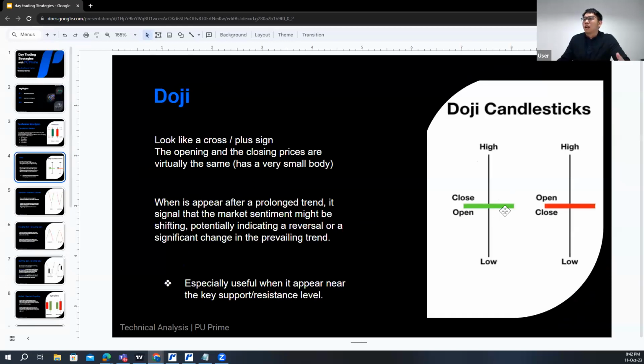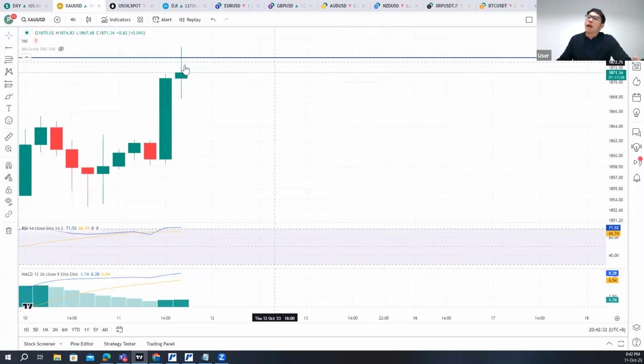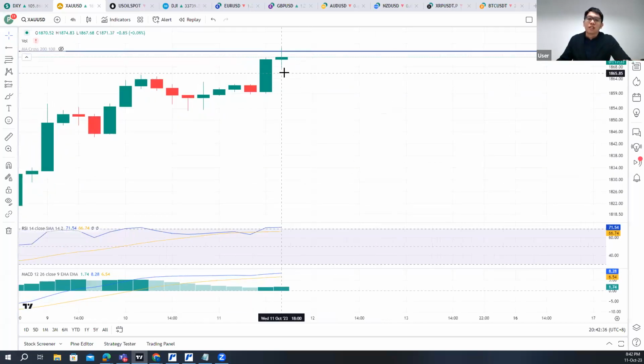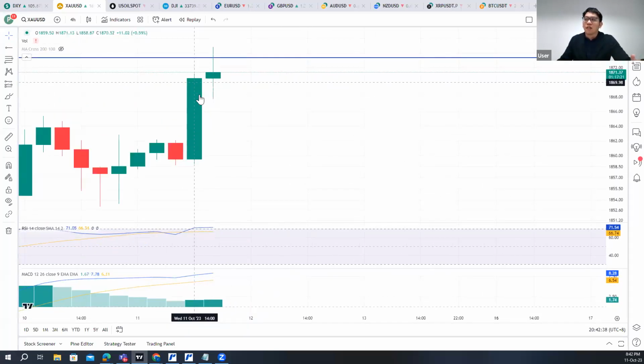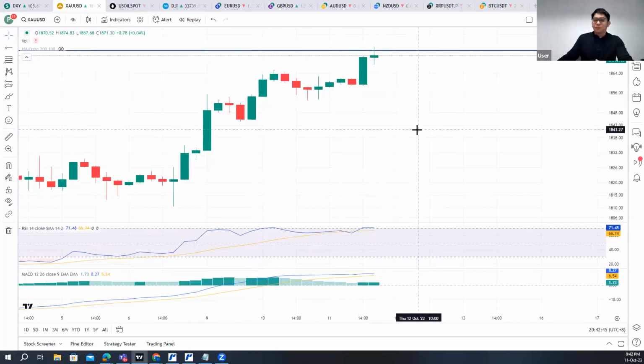Remember, a doji candlestick at the peak or at the bottom tells us there might potentially be a trend reversal. Now it's a short-term uptrend. If we have a doji candlestick here, it might suggest that a trend reversal might occur, and we can expect a downtrend from here.